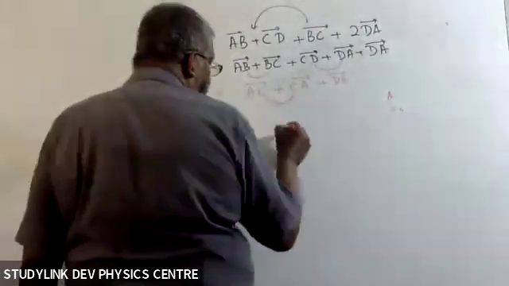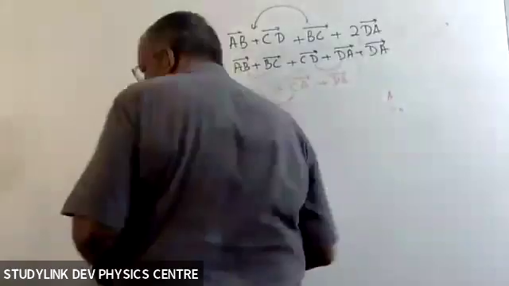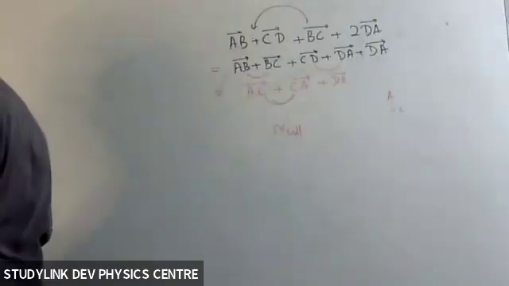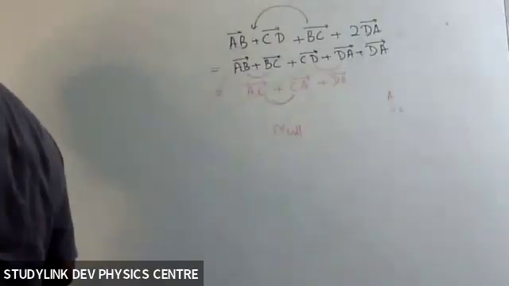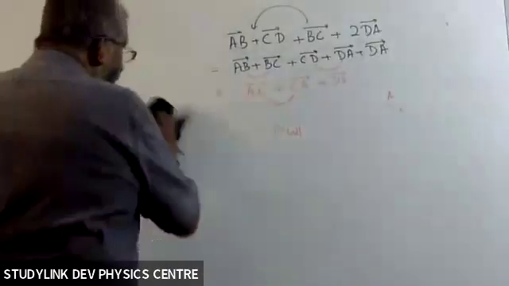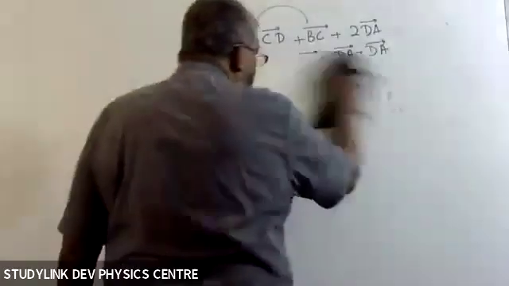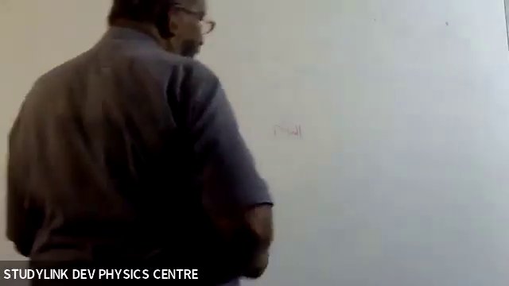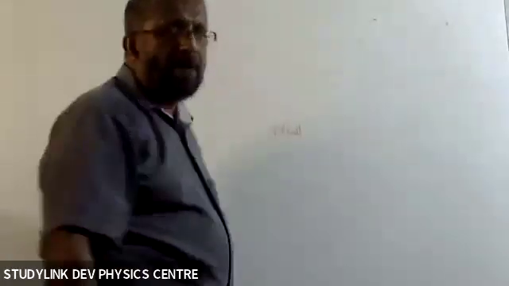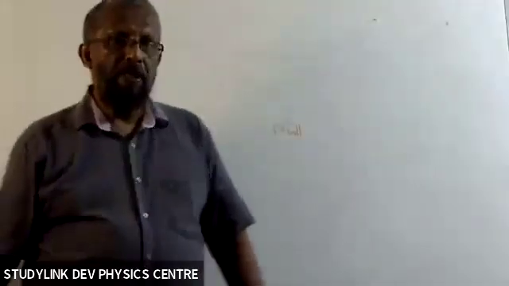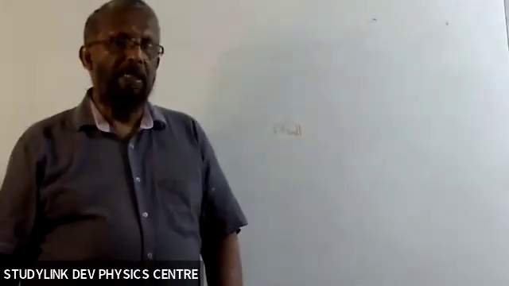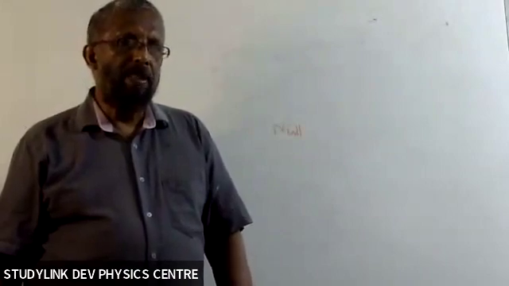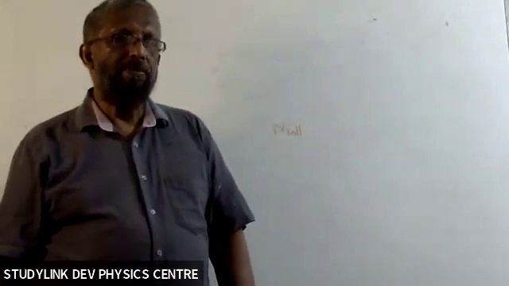Null vector. Null vector means the magnitude of the vector is zero. When the magnitude of the vector is zero, that is called a null vector.